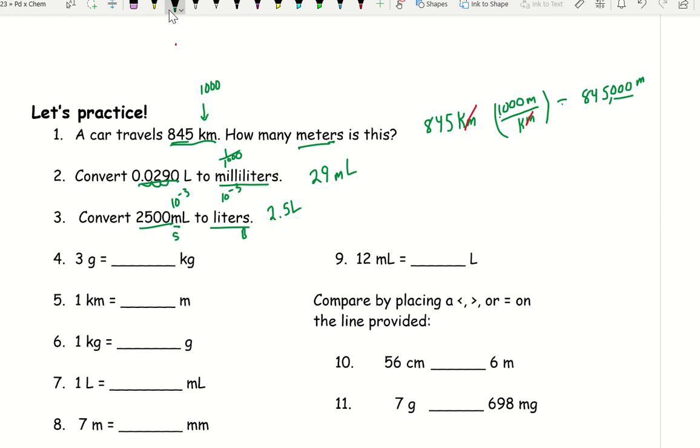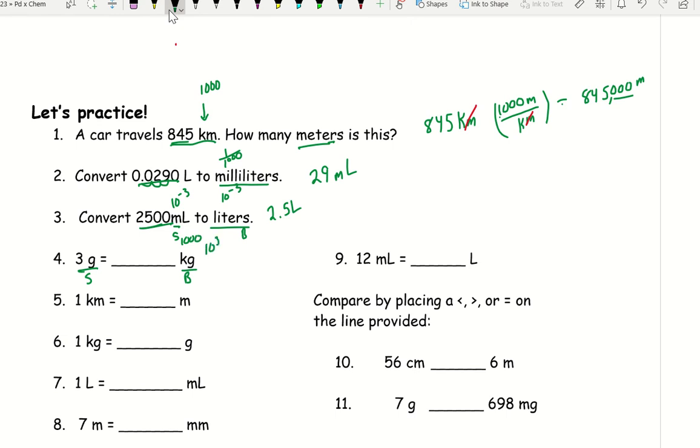That helps. So 3 grams is a small unit. Kilograms is a large unit. So this number will get much, much, much smaller. Okay, just like the 2500 going from small to big. So small number, big unit, small unit, big unit. The difference will be 1,000. That's 3 decimal places.